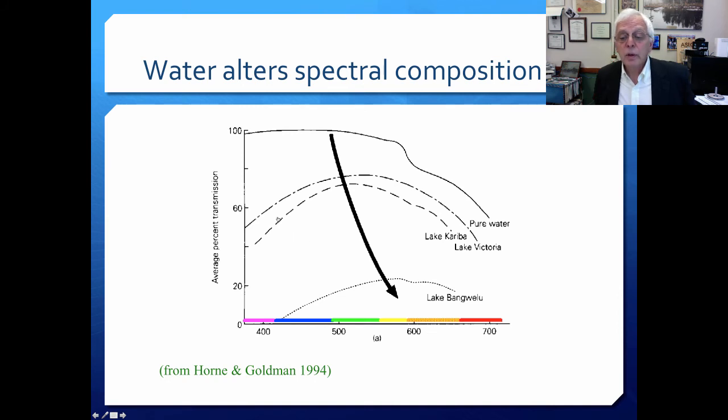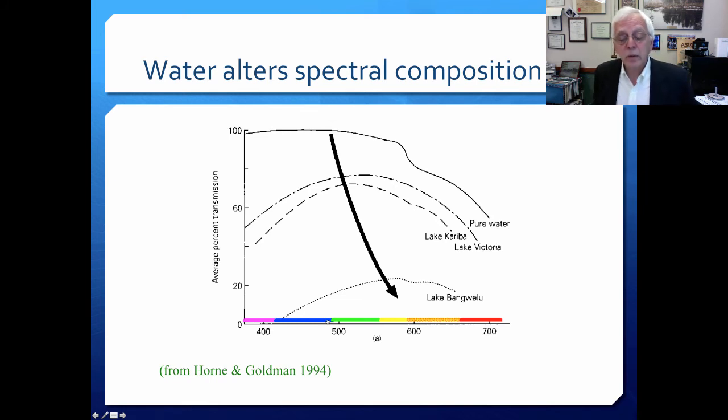Now, if you move into places like Lake Victoria and Lake Kariba that have more materials in them, both dissolved substances and suspended substances, the average percent transmission in the blue region declines pretty fast. And if you look down here at Lake Bangweulu, that has a lot of dissolved substance in it, the absorbance of the violets and blues is almost complete.